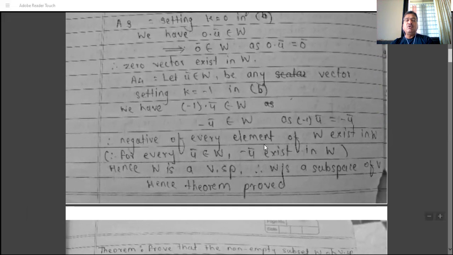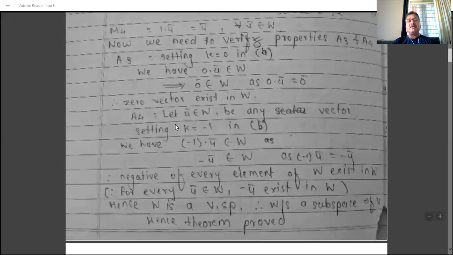Therefore the negative of every element of W exists in W, because for ū any element of W, -ū belongs to W. That is, for every ū belonging to W, -ū exists in W. So this is the property A4, and hence W satisfies all the 10 conditions of a vector space, and therefore W is itself a vector space.